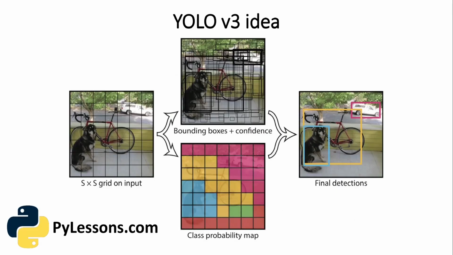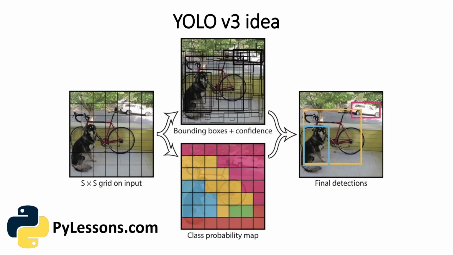The author treats the object detection problem as a regression problem in the YOLO algorithm and divides the image into an S by S grid. If the center of a target falls into a grid cell, that cell is responsible for detecting the target. Each grid cell will output a bounding box, confidence, and class probability map.